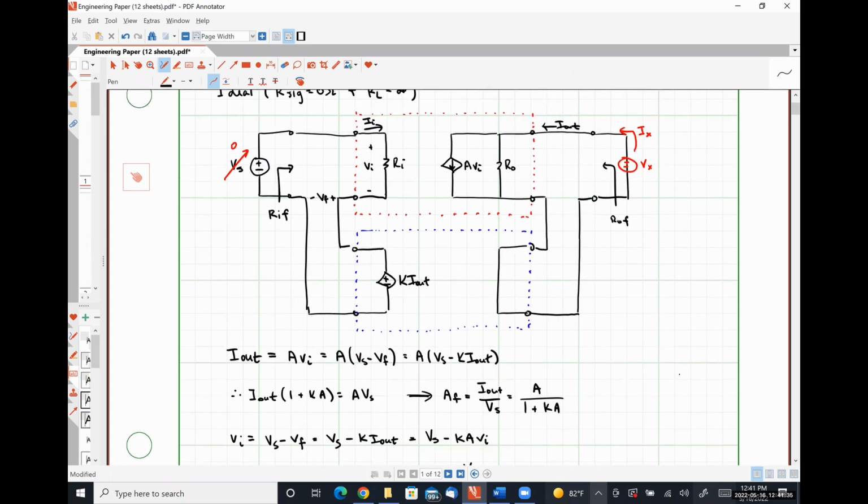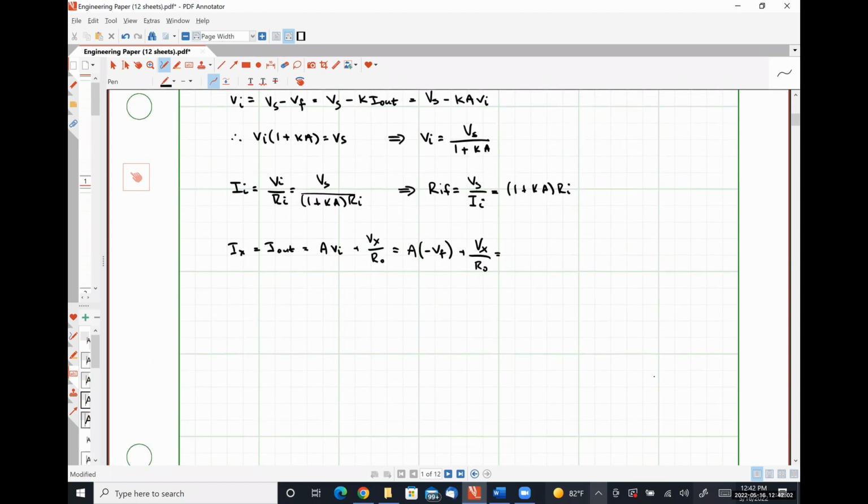Right, so Ix is equal to I out by inspection. So that means we have a voltage of K times Ix here. Well, this is the same polarity as Vf. So we can replace Vf with Kix. So that's A times negative Kix plus Vx over R naught.